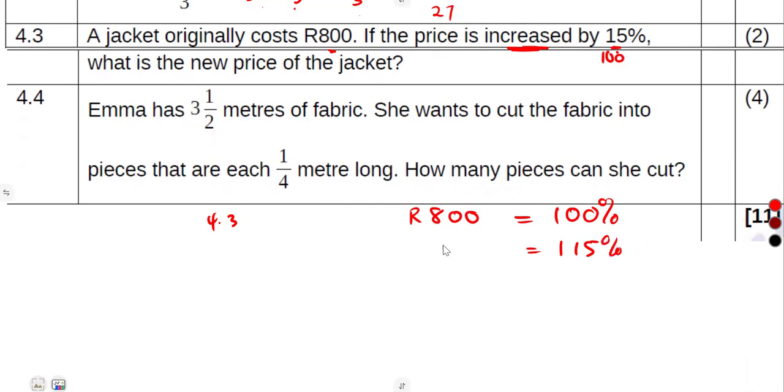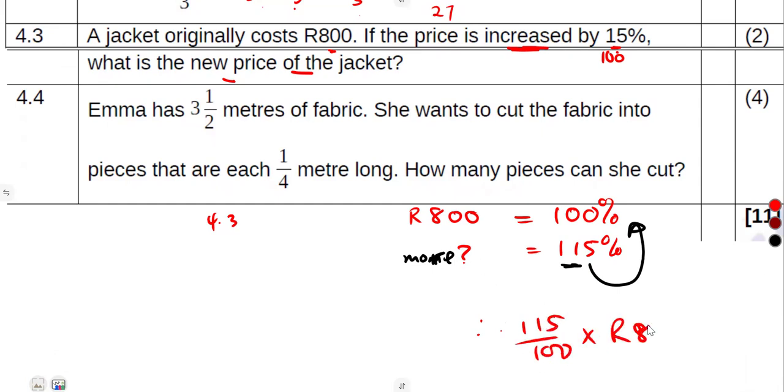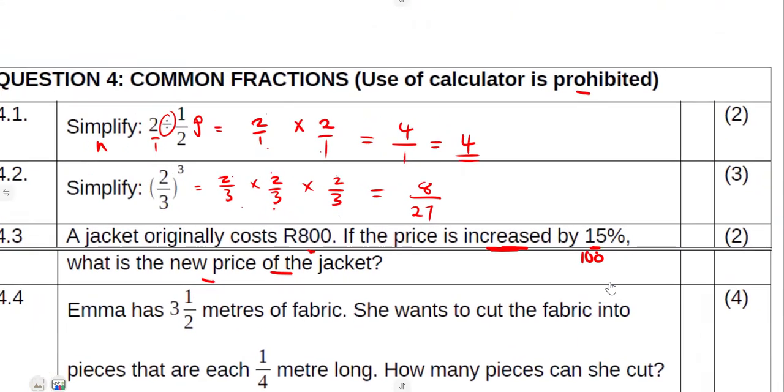So what is the new price of the jacket? So the new price is the one that is at 115. So that's going to be more. So that's 115 over 100 times the original price, which is 800.